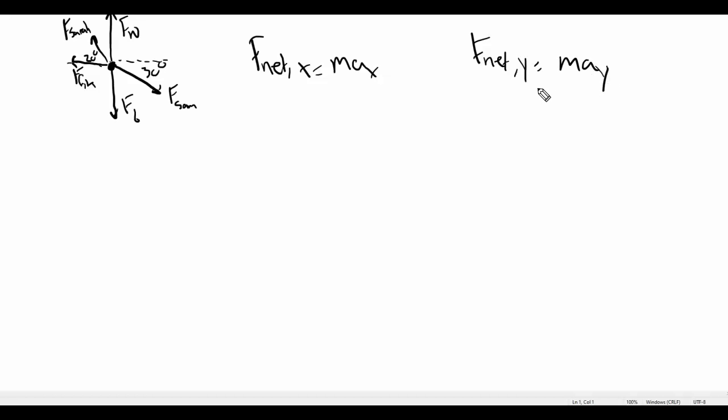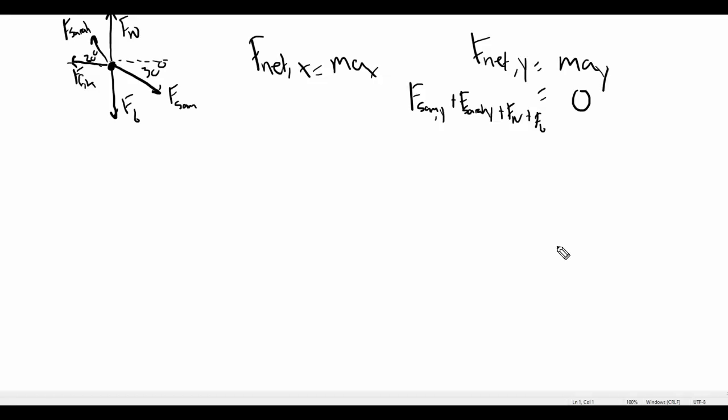The object is still at rest in the y direction, so this is 0, but now I have 4 y forces. I have F Sam y plus F Sarah y plus Fn plus Fg, all equal to 0.